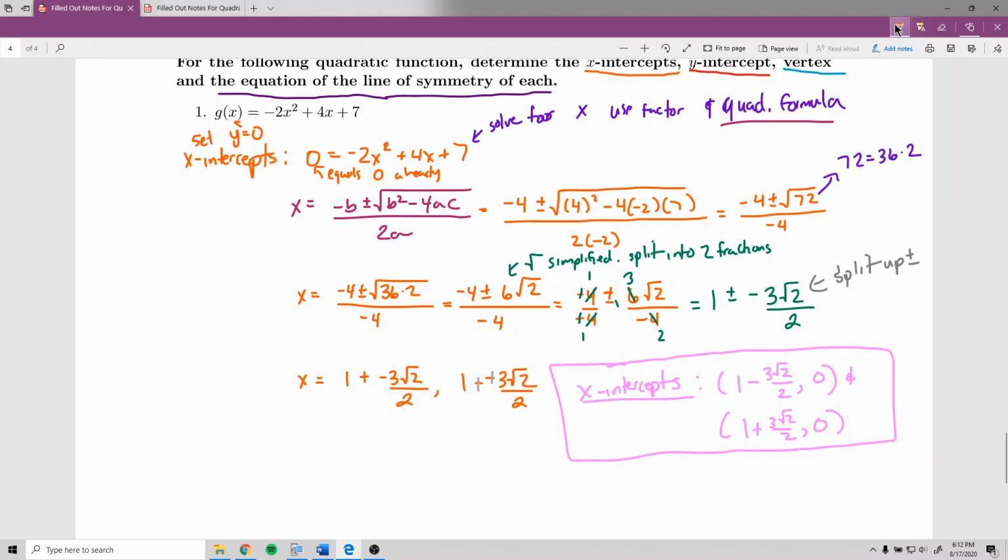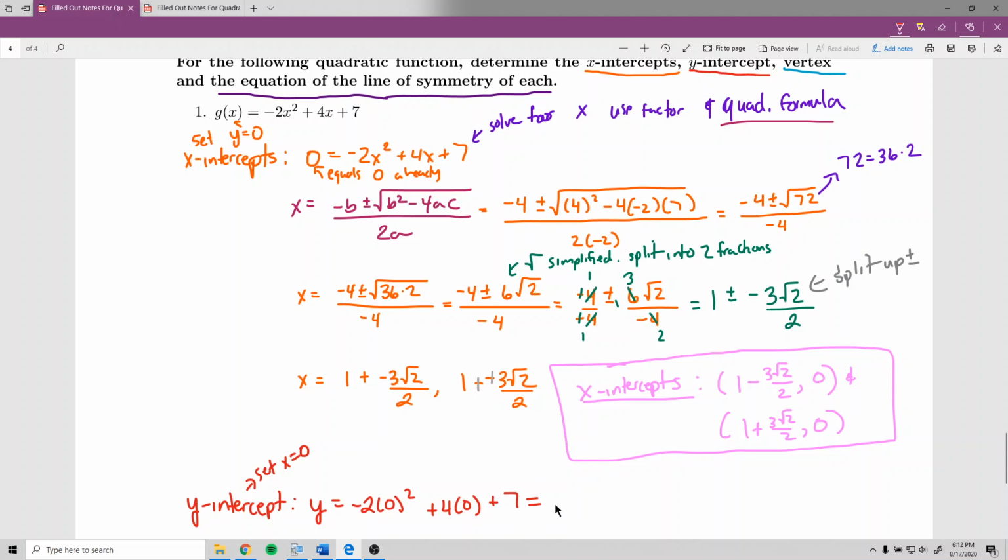All right, next, the y-intercept. Y-intercept we know is usually much easier because what do we do? We set x equal to 0. We take our equation, we got y equals negative 2 times 0 squared plus 4 times 0 plus 7.